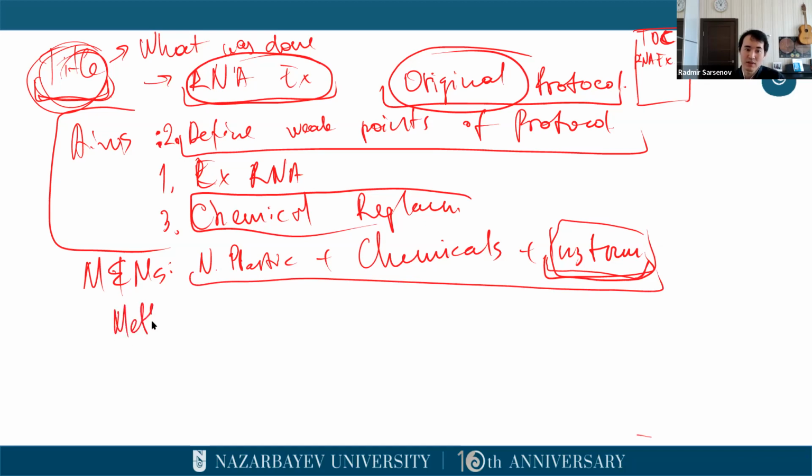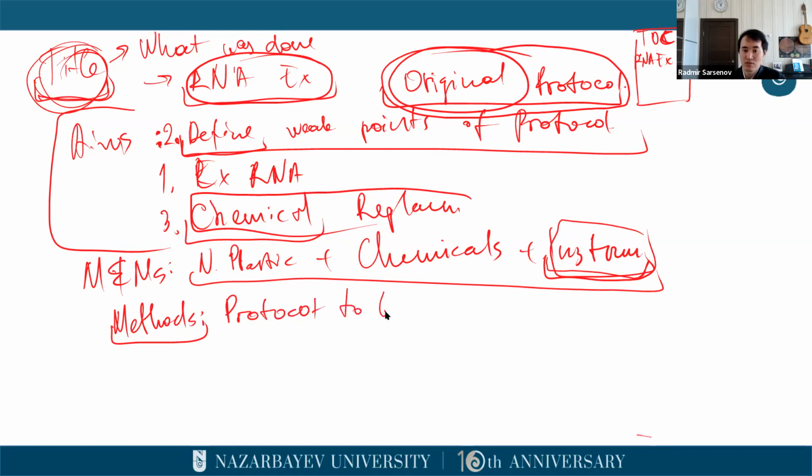In the methods, you indicate the protocol that you are using. It's different from the original one. Why? Because you are defining the weak points, first of all, and also you are replacing the chemical that is going to be used. So you are writing the protocol to be used. Okay, this section is very important because when you come back in 3 weeks, you should be able to repeat it and also to change something inside it.